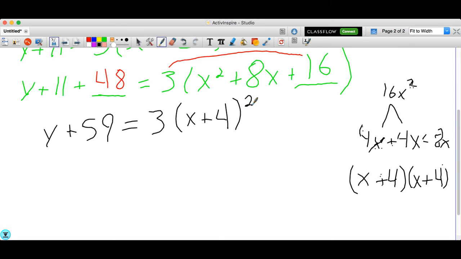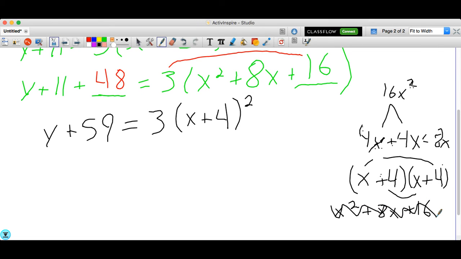Again, if you're ever unsure if you factored right or factored correctly, remember you can always go backwards. If we distribute this out, we get x squared. This would be a 4x and a 4x, making 8x, and a 16, and you'll see we're right back to the trinomial we were supposed to be at. Okay, so we did factor correctly. That's just a little quick check if you want to use that.